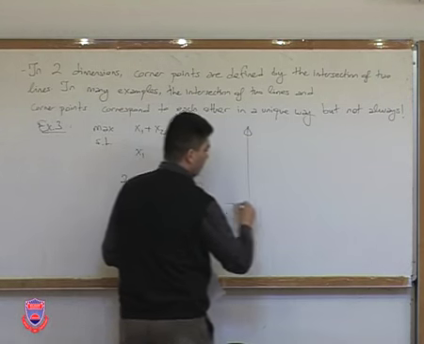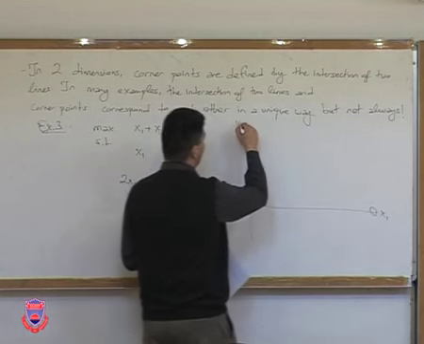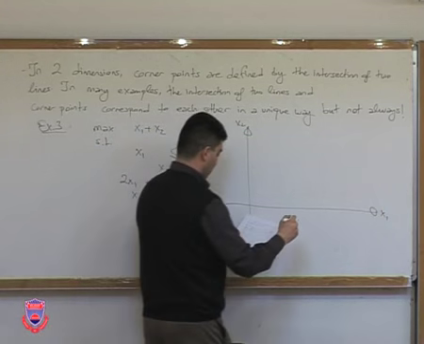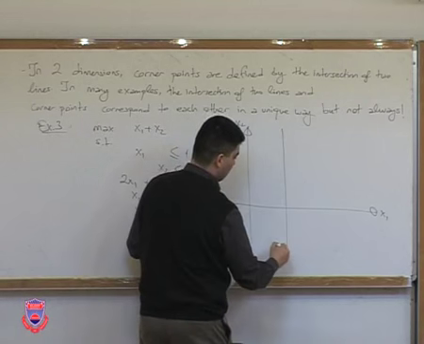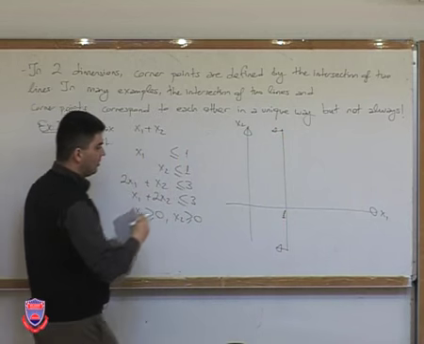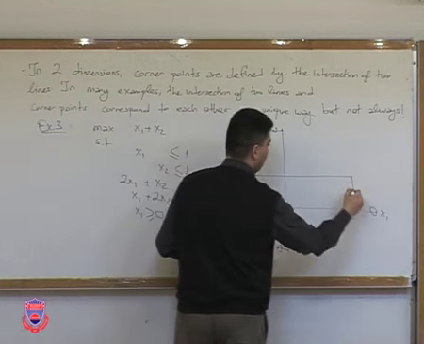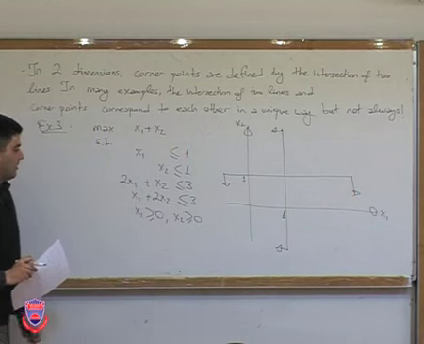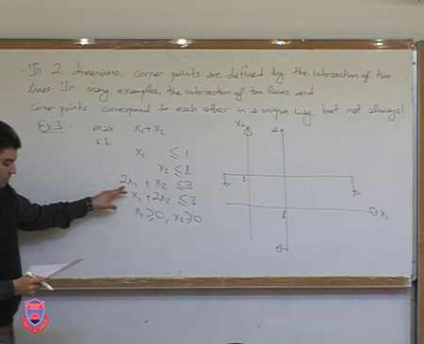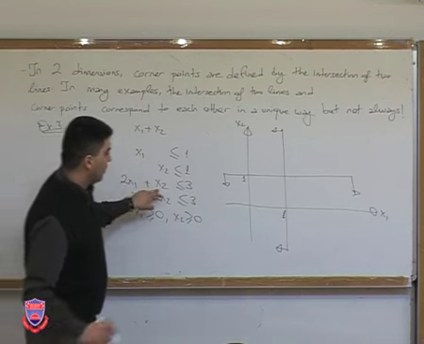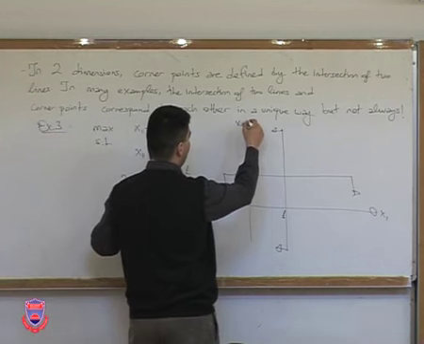So we have 2 variables, so this is easy to do. First, I'm going to start with x1 less than or equal to 1. That's easy, so that looks like this constraint right here. Similarly, x2 is less than or equal to 1 looks like this constraint right here. What about 2x1 plus x2 less than or equal to 3? If x1 is 0, x2 is equal to 3, which is somewhere over here.